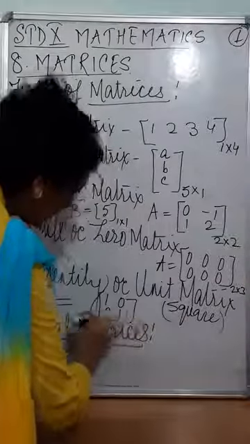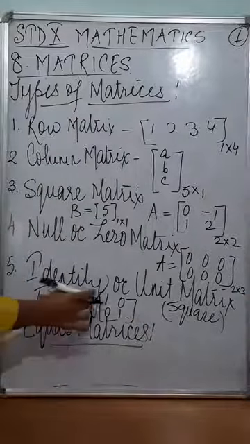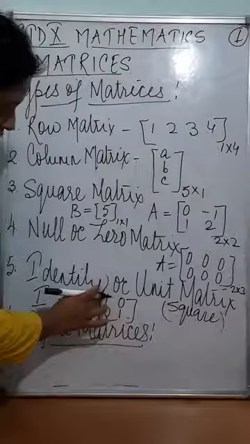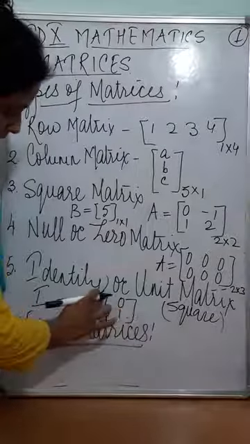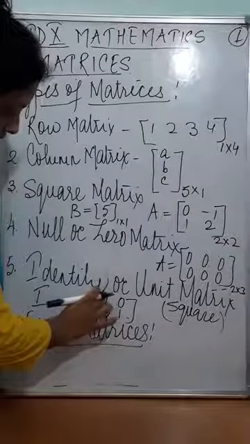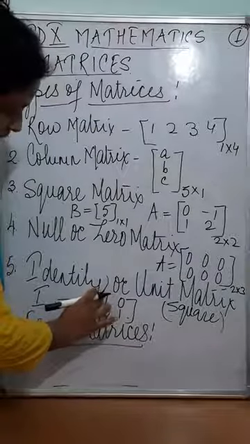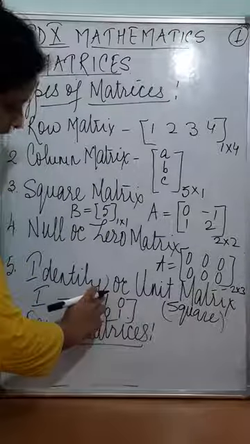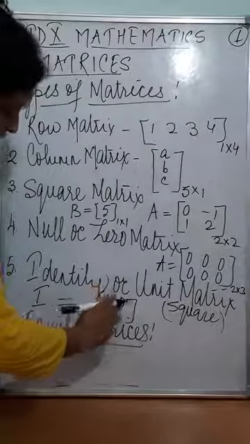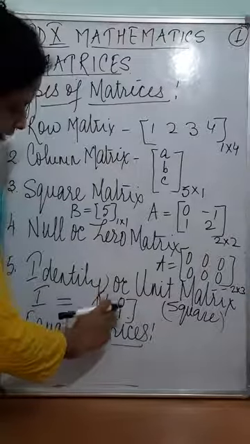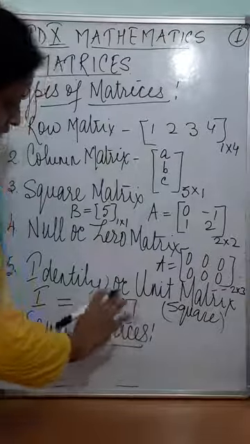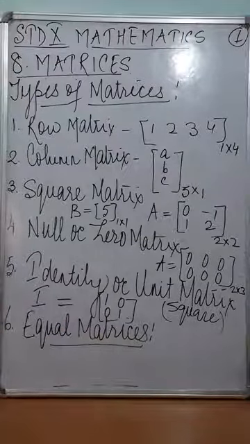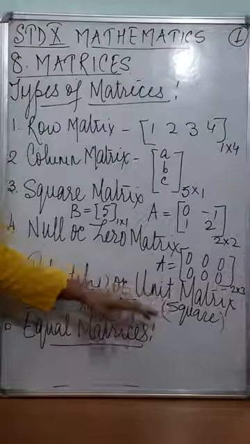Then it is called an identity matrix, in which the diagonal, starting from the first position at the left corner going to the right, has to be 1 and the other elements should be 0. Then it is called an identity or unit matrix.